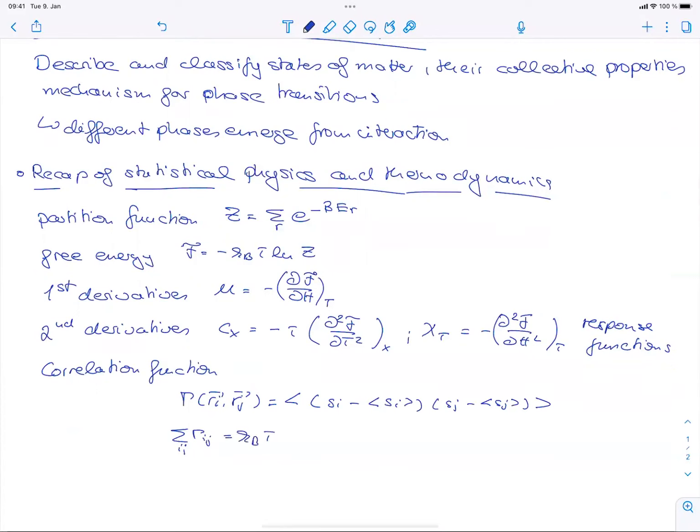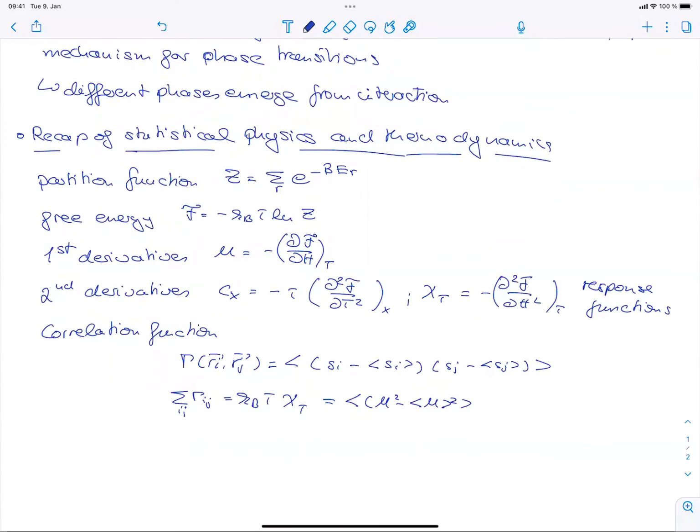We could see that this is, in this specific case, equal to the susceptibility, where we can also write the fluctuations directly as the fluctuations in the magnetization. Let's just grab this in here. Okay.